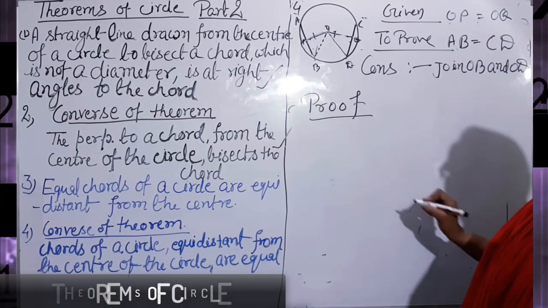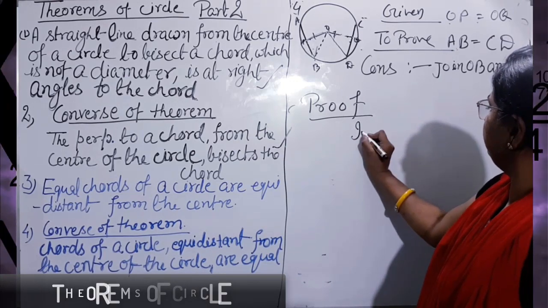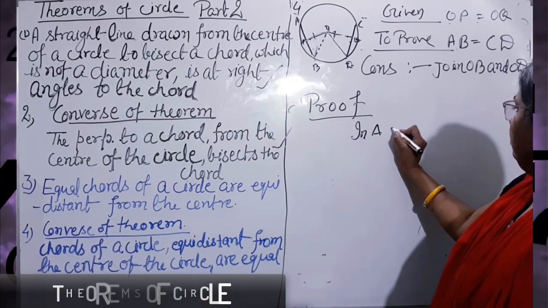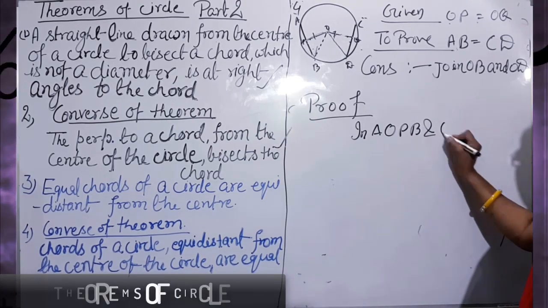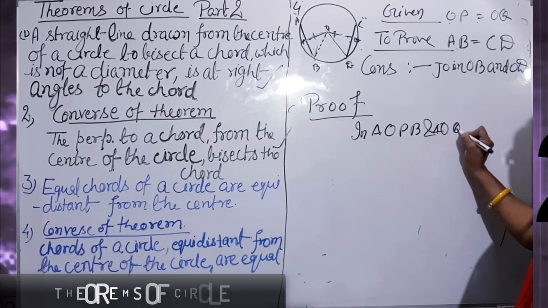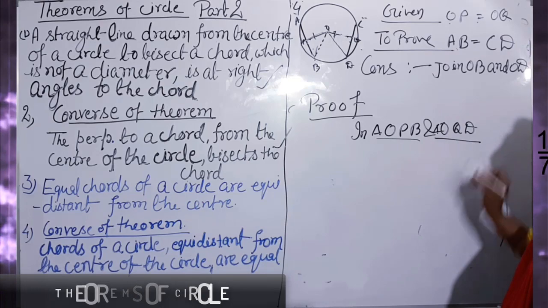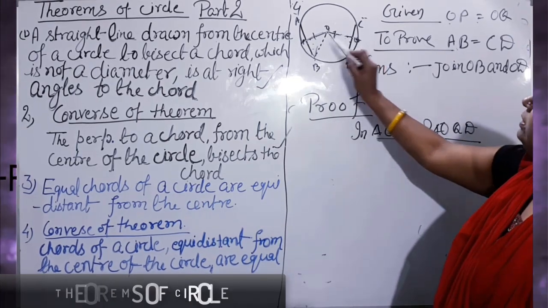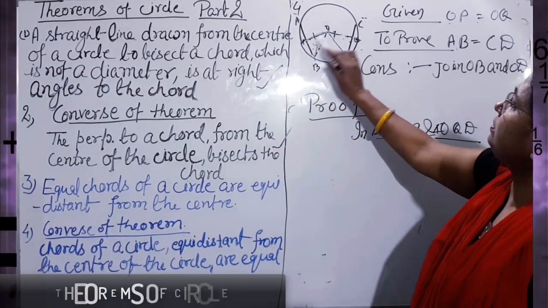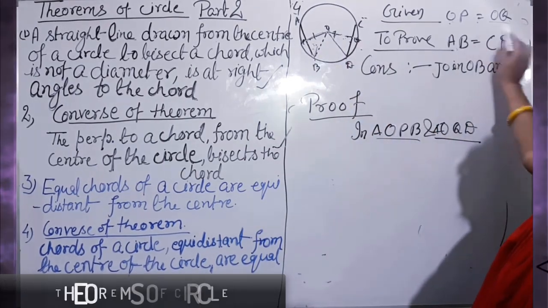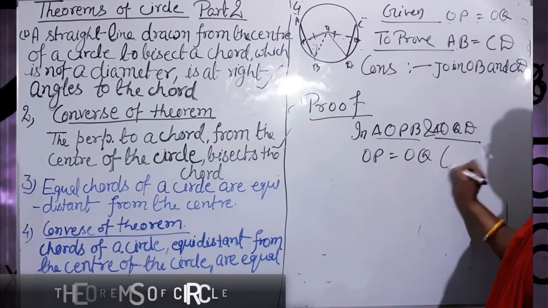We have to prove in triangle OPB and triangle OQD, in both triangles, it is given equidistant. That means OP is equal to OQ, given.